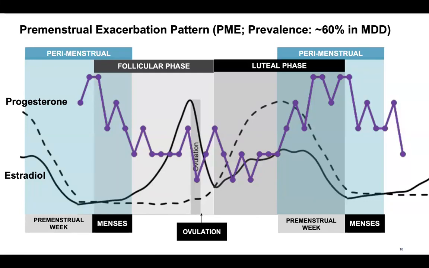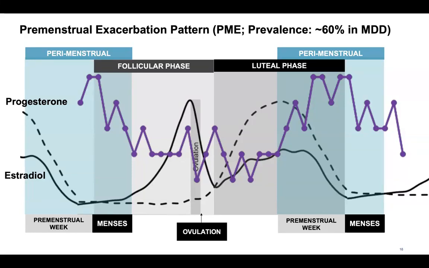This is actually not an official diagnosis in the DSM, but we hope that within our lifetime, this can become an official DSM specifier so that different disorders can be given a qualifier. For example, major depressive disorder with premenstrual exacerbation to indicate this PME component, which may need specific treatment beyond just traditional treatments for MDD without that PME specifier.